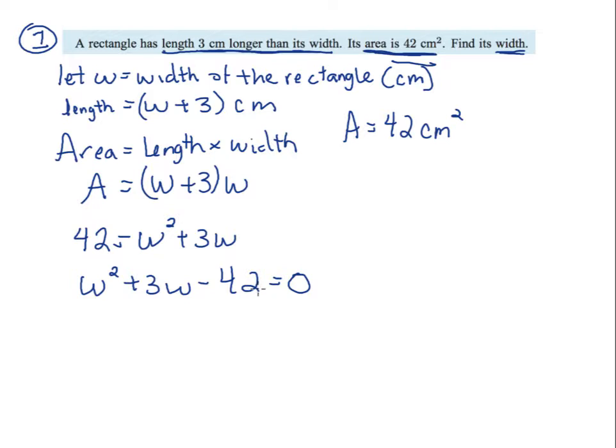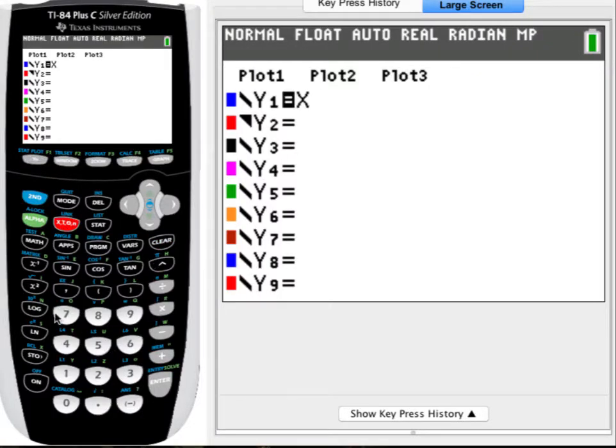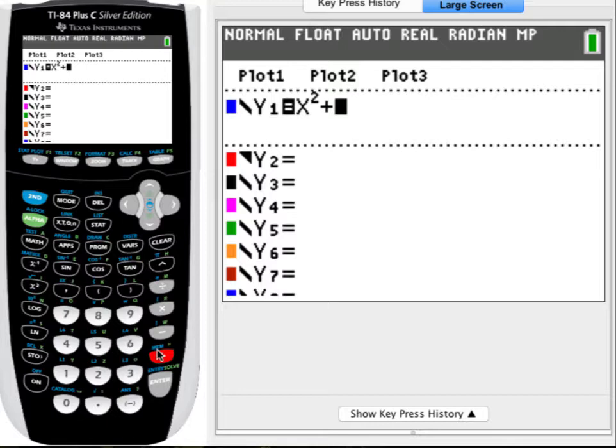You can solve these by any method that you want. Just to save time, I'm going to use my calculator and the calculate function to find my zeros. But you can use any method we've learned this section to solve these quadratics. So go to your y equals, put the equation in, and then sketch the graph.